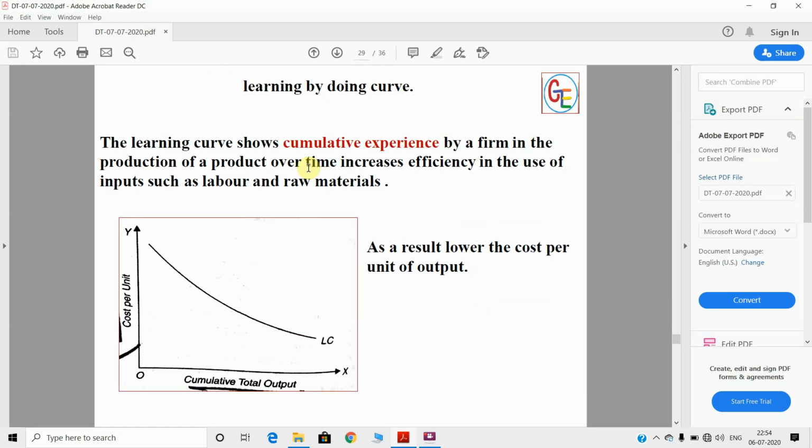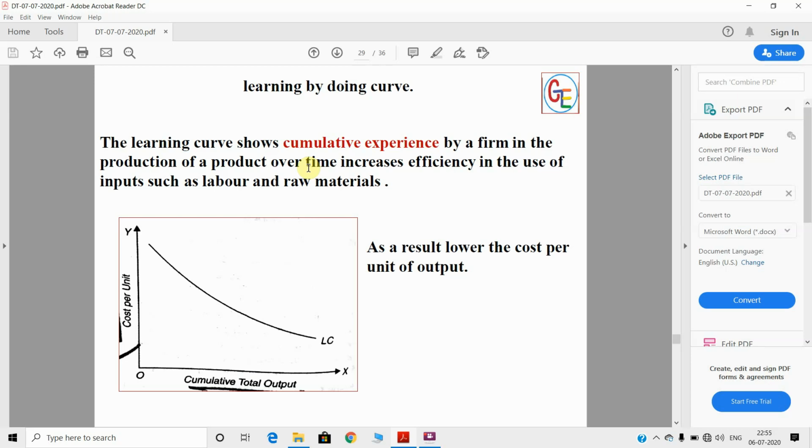Next, come to the learning by doing curves, which is otherwise also known as the LAC curve. The learning curve shows that the cumulative experience of the firm in the production of output over time increases efficiency in use of inputs such as labor and raw materials, because in case of the long run, it is termed a plant curve or a planning curve, as it has a long time to plan or to decide in which firm it has to invest more in order to generate profit.